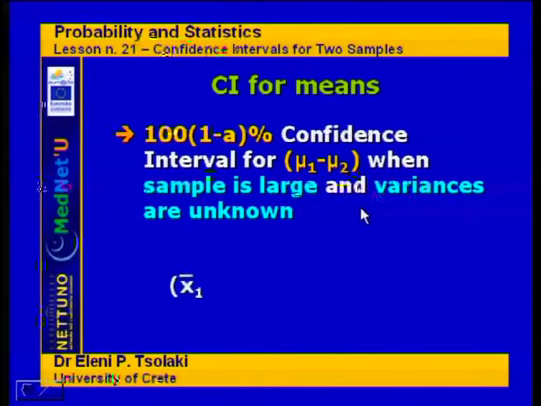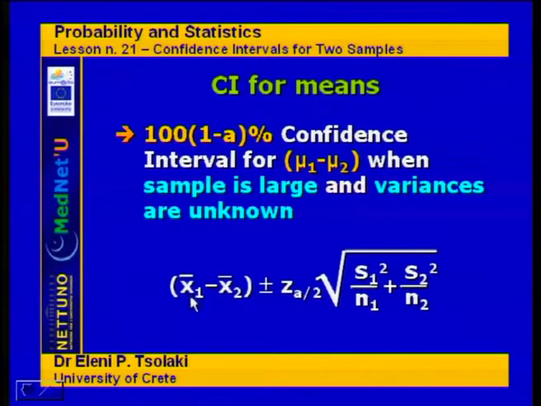So for this case, the confidence interval for the differences of the means is given here. It's the same formula as before, with the difference that we have replaced the variances with the sample variances.